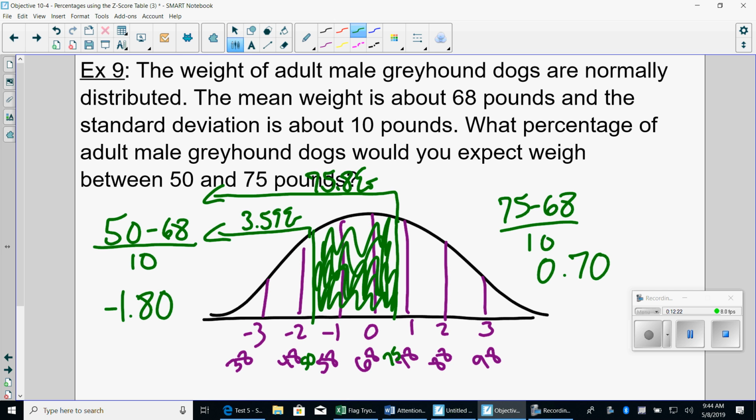And then my question is, if the whole thing is 75.8 and this little piece is 3.59, how can I figure out what's between? Subtract them and you get 72.21%. Okay, any questions on how to figure out what's between? You subtract them. You just find both, subtract them.